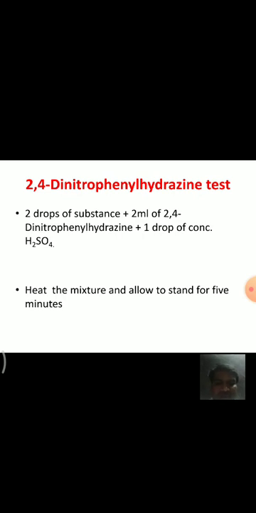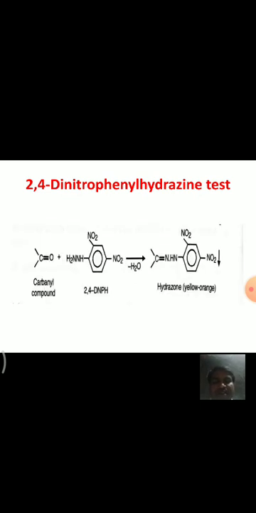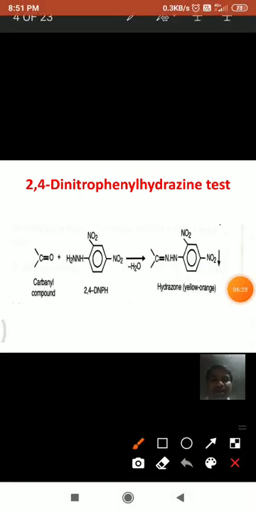This appearance of yellow or orange precipitate indicates the presence of carbonyl group. That is, if the compound is a carbonyl compound, it gives this yellow or orange crystalline precipitate. For example, this is the reaction, that is carbonyl compound.